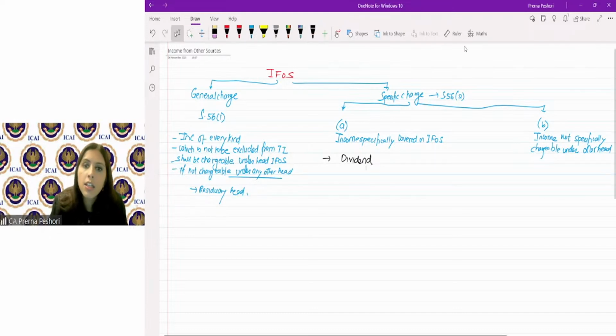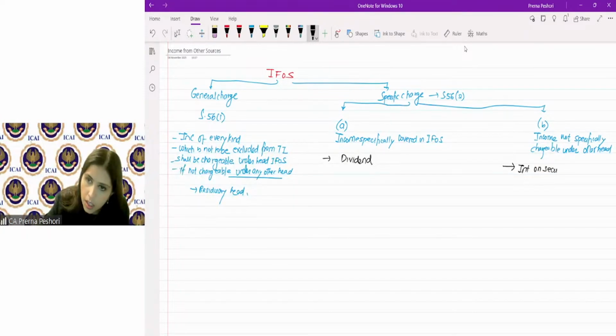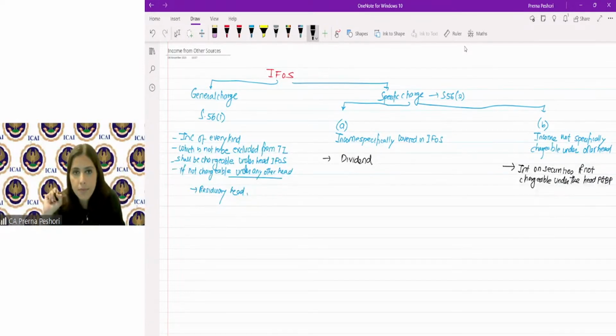So unlike dividend, the interest will come over here, interest on securities, if not chargeable under the head PGBP. Only then the interest will be covered over here. Are we getting that? So, unlike the dividend, the interest is not specifically covered over here.